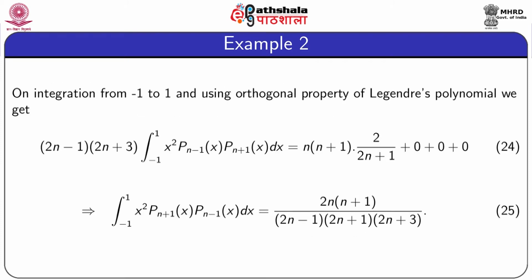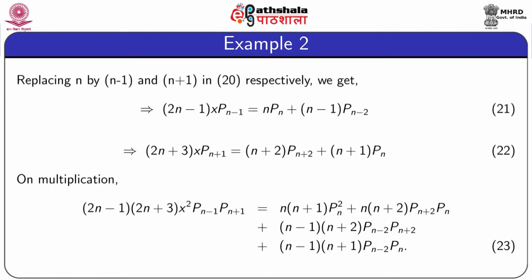We next integrate equation number 23 from minus 1 to plus 1 and use the orthogonal property of Legendre's polynomial. And if you do that, please note that n plus 2 and n are different, n minus 2 and n plus 2 are different, n minus 2 and n are different.